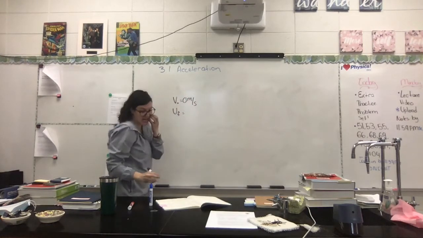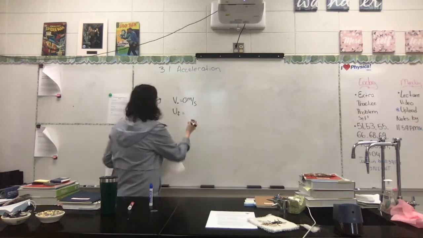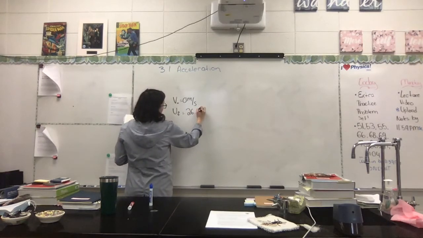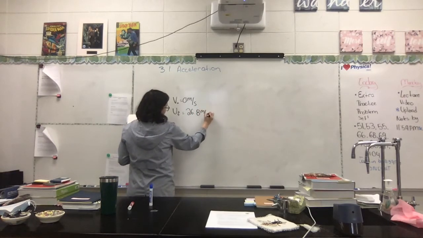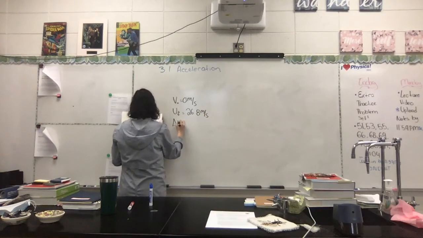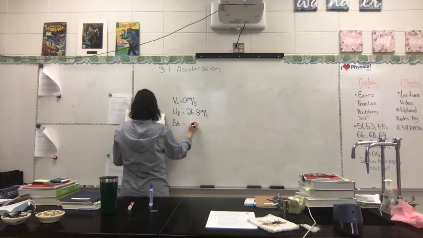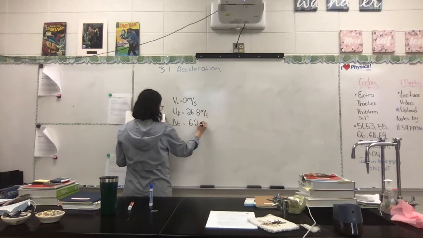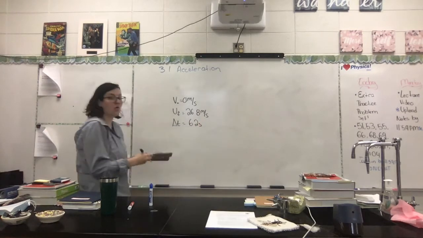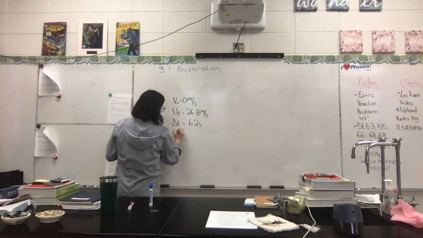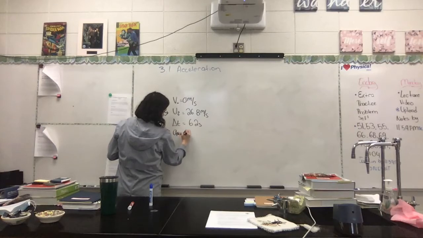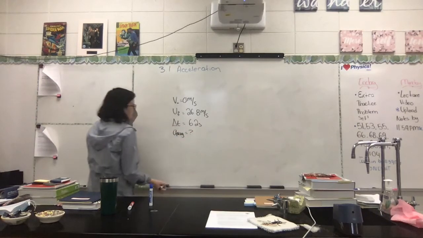And they're saying it's going to get up to 26.8 meters per second and a change in time of only 6.2 seconds. And we want to know what the average acceleration is of this car. What is the average acceleration?